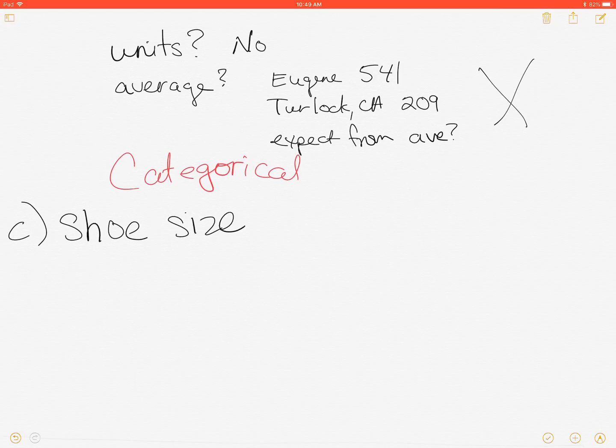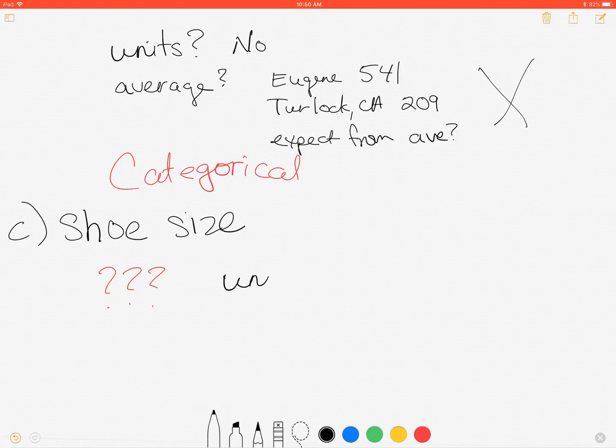Now shoe size. I'm not going to give you an answer to this because this is the age-old question; even statisticians and people who do this for a living don't always agree with each other. There's two sides to this argument. People fall on either side. For example, are there units? I don't think so. I don't think they're inches, especially when they start over after your kids go up to 12 and they start over at 1 again.